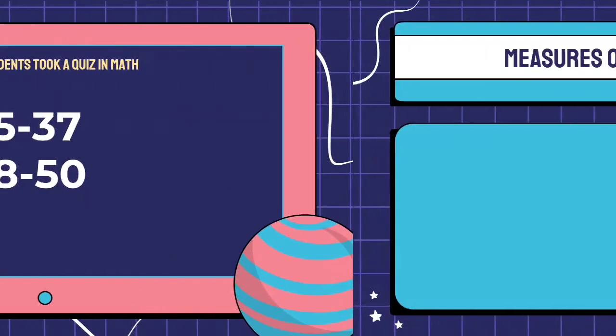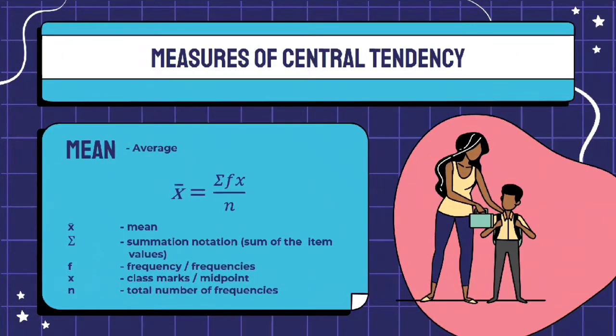With that being said, let's move on with the 3 M's in the measures of central tendency. First off is the mean. Mean, in terms of ungrouped data, is the average of a given set of data.